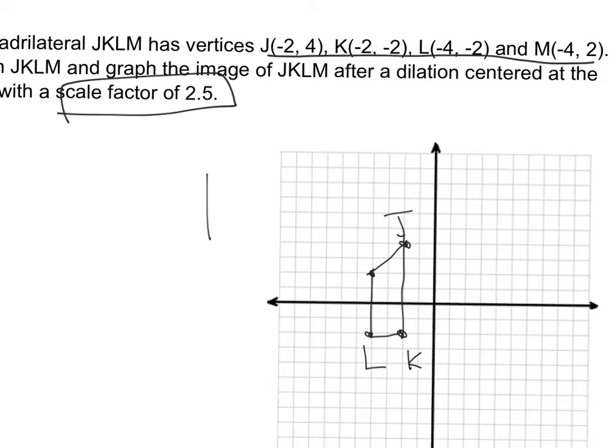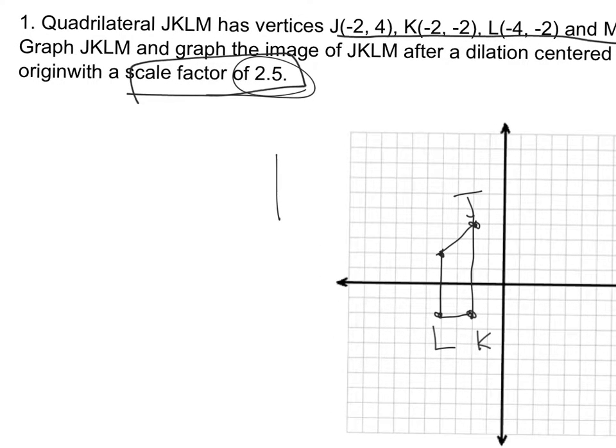So now we want to take a scale factor of 2.5. So that means we want to take all of our points and multiply them by 2.5. So you've got -2, 4, you've got -2, -2, and you've got -4, -2, and M is going to be at -4, 2.